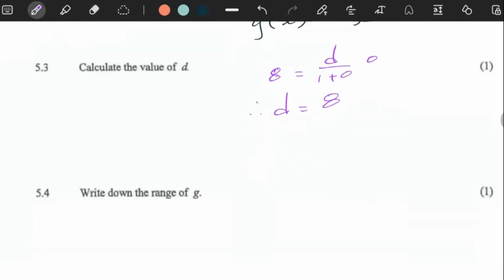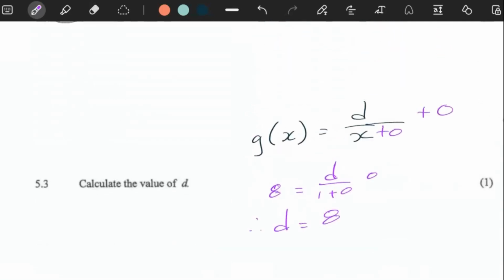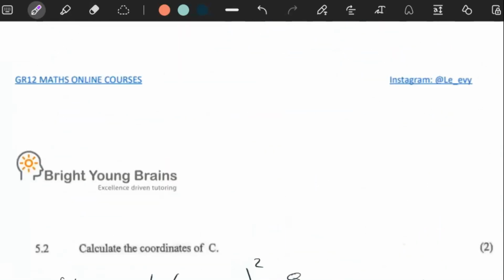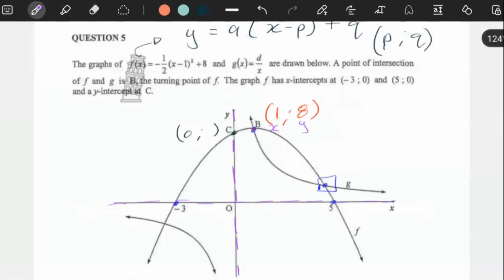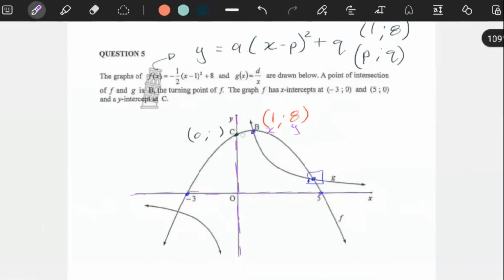So here, write down the range of g. So g is our hyperbola here. If you're going to write down the range of g, remember range is talking about values from top to bottom along the y-axis. This graph will go everywhere upwards until positive infinity.